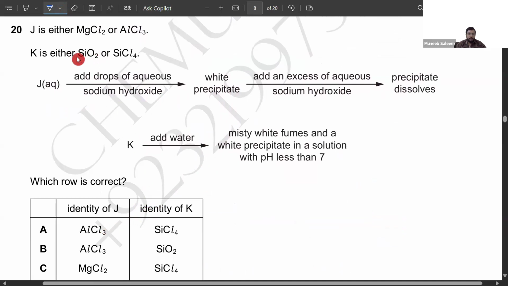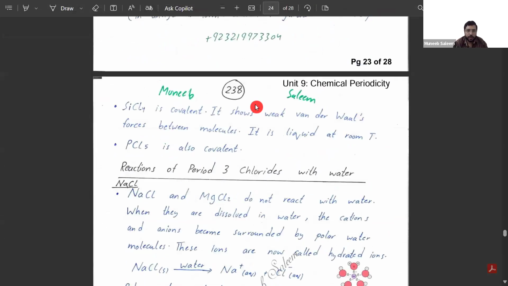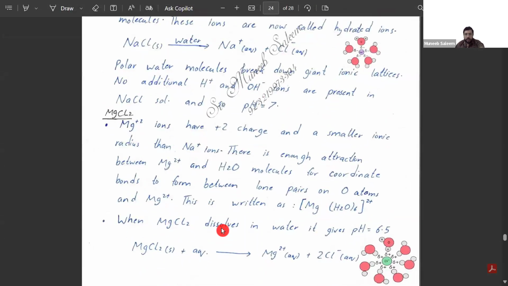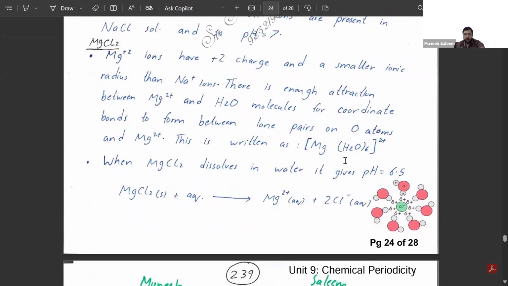All right, so let's suppose J is MgCl2, then we need to check the literature behind it: the MgCl2 reaction with sodium hydroxide in aqueous form. So we know from my notes that when MgCl2 is added into water, it shall produce Mg with 6 water molecules.